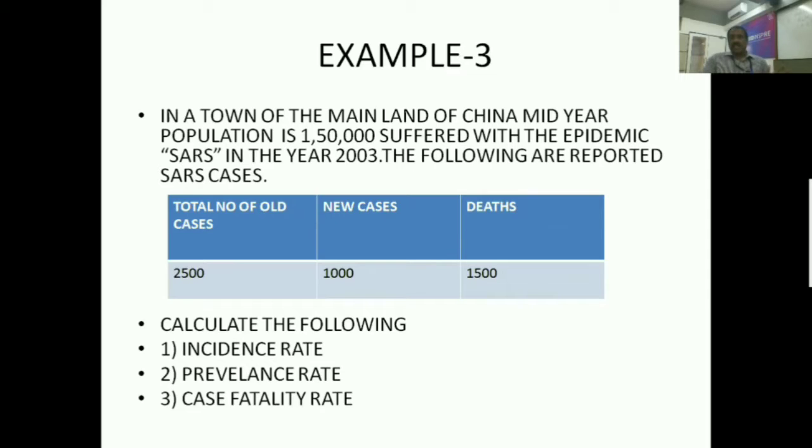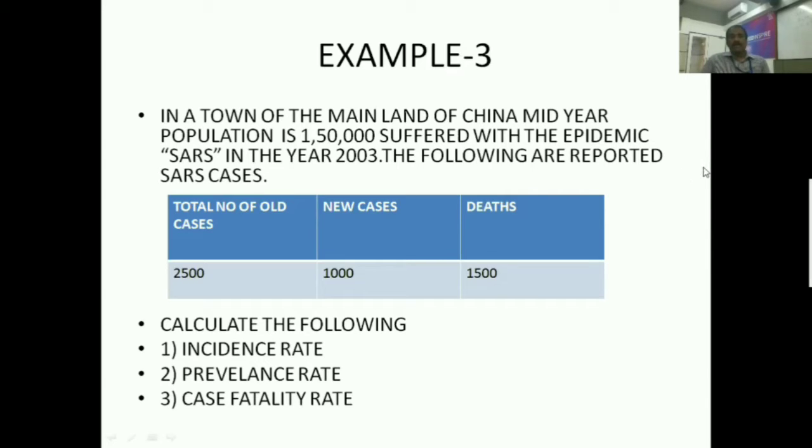I hope that you are going to solve easily. Once again, I'm repeating the question. In a town of the mainland of China, the mid-year population is 1,50,000, suffered with the epidemic SARS in the year 2003. The following are the reported SARS cases.